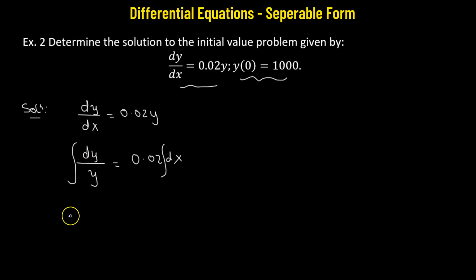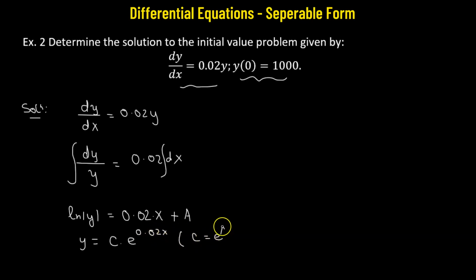The integration of dy over y is the natural log of y, equals 0.02 times the integration of dx, which is simply x, plus the constant of integration a. And this can also be written as y equals c times e raised to the power of 0.02x, where we have considered c to be equal to e raised to the power of a.